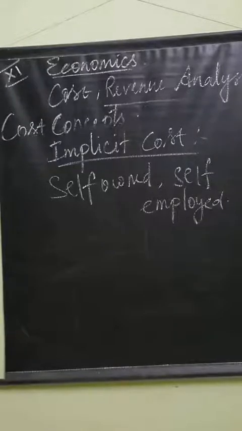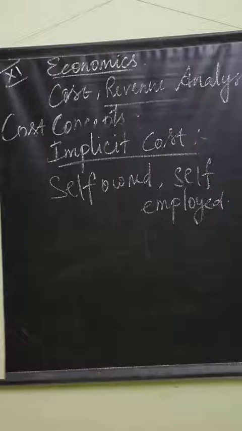In small scale industries we can see almost all the family members involved in the production. So they are self employed, isn't it? But they have to get an amount as a wage or salary. That is called implicit cost.